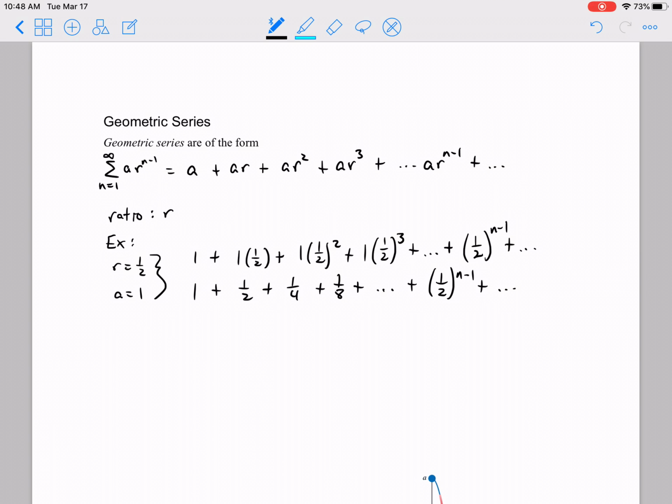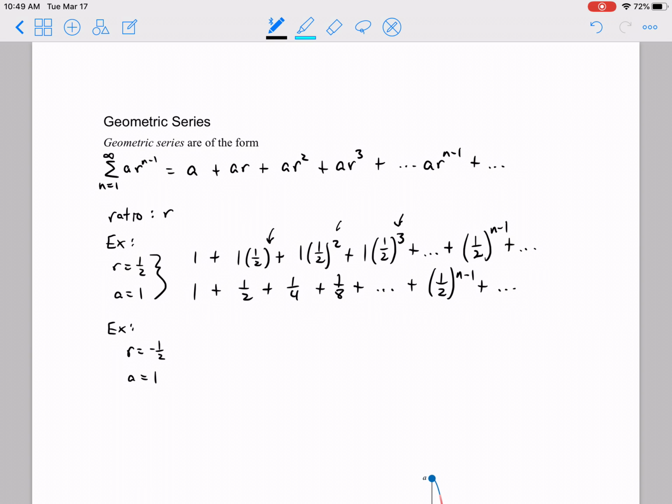We can also take a look at another example. This time let's make r equal to negative 1/2 and a equal to 1 again. And this time, because r is negative 1/2, whenever we have odd exponents, like on this one and this one, we're going to end up with a negative result.